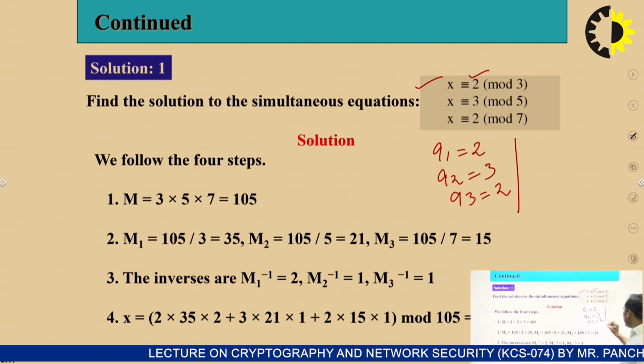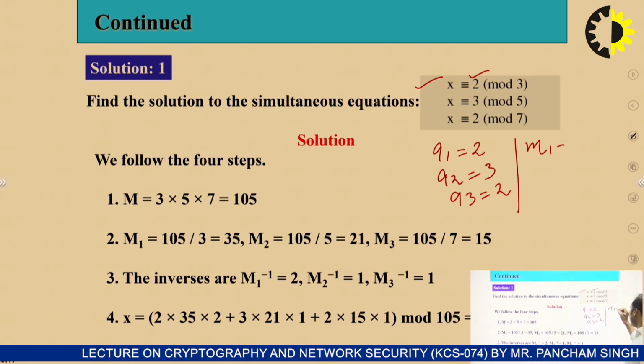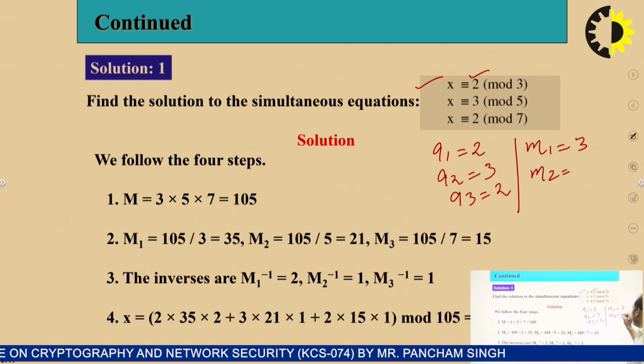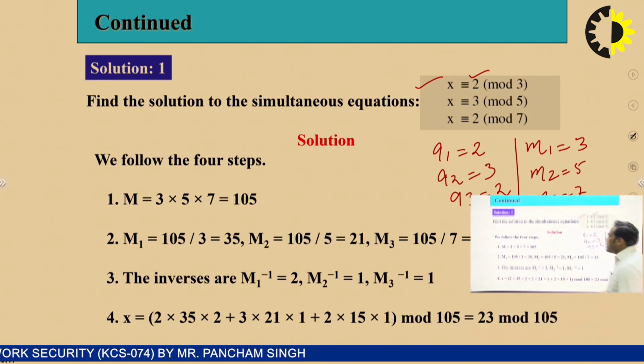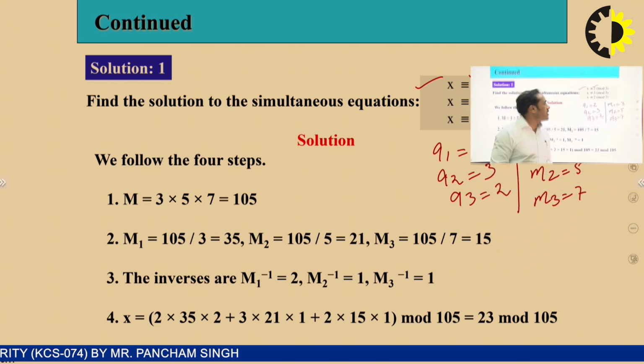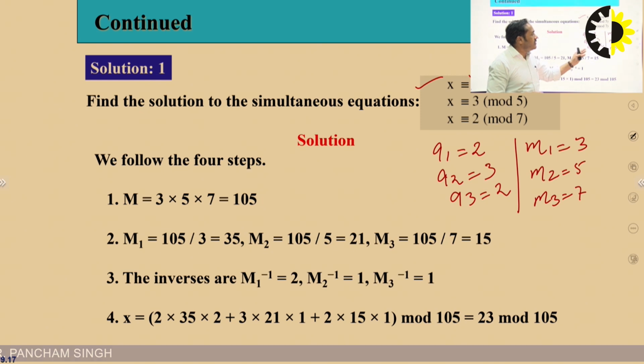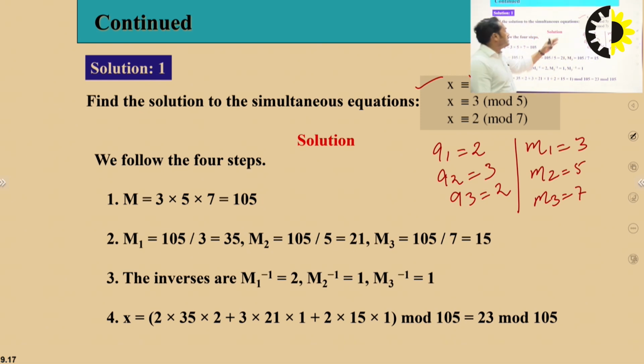Similarly, m1 equals 3, m2 equals 5 and m3 equals 7. These are the moduli. These values are given in the equation, and by using them, you can solve the question.